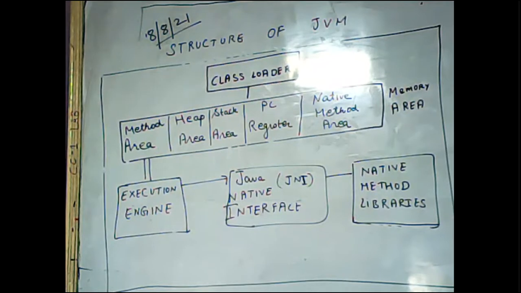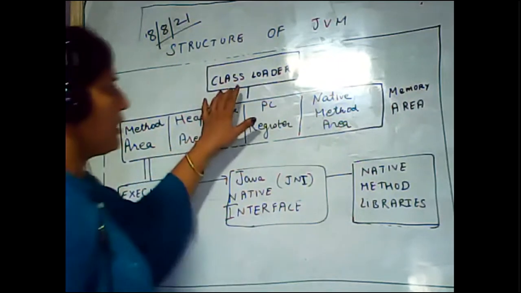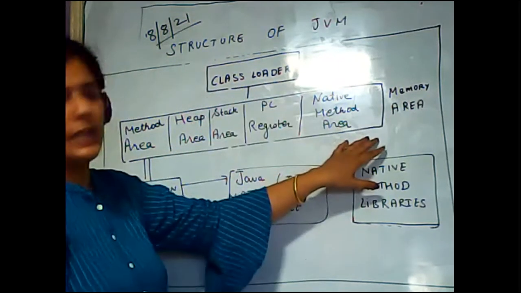So this is the basic structure, and here you can see how the components connect with each other. The first component in the Java virtual machine is the class loader. Further, we have the memory area.